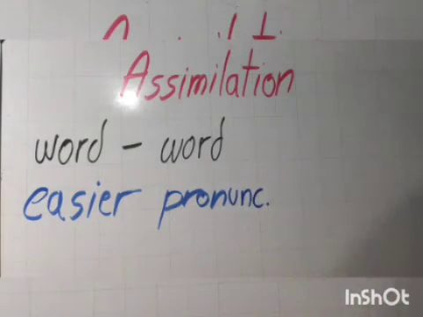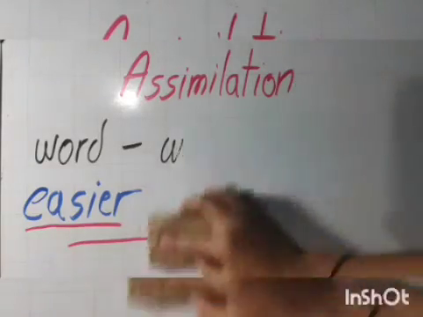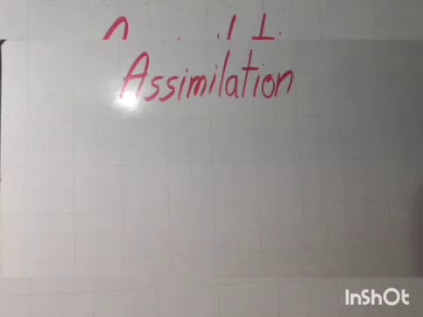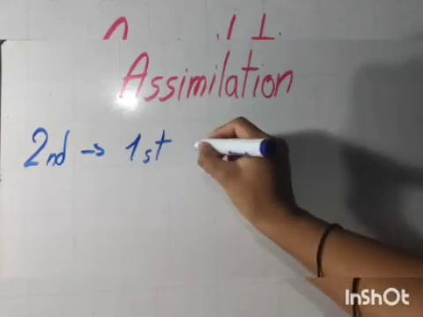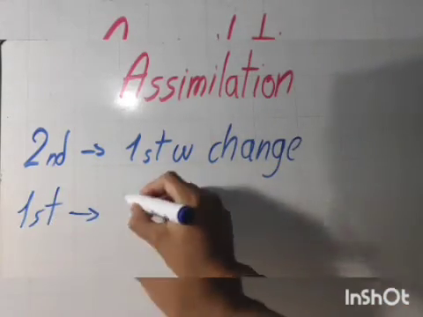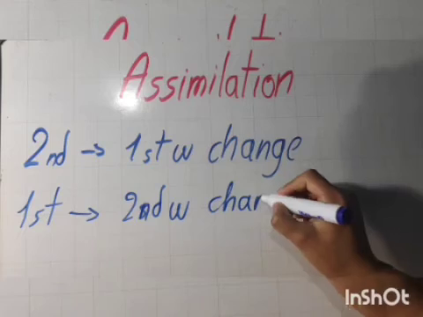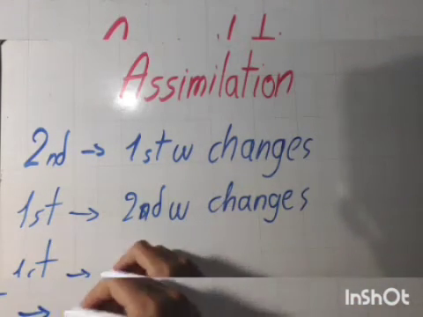In assimilation, we can find some interesting cases. In one, the second word makes the first change. On the other hand, the first makes the second change. And in another, the first and the second word blend to make a new word.